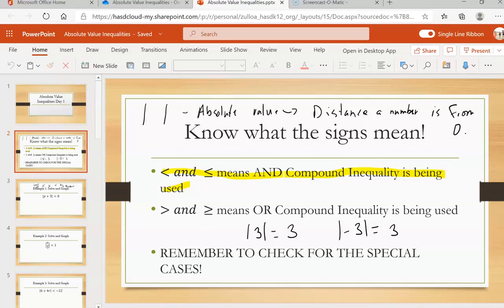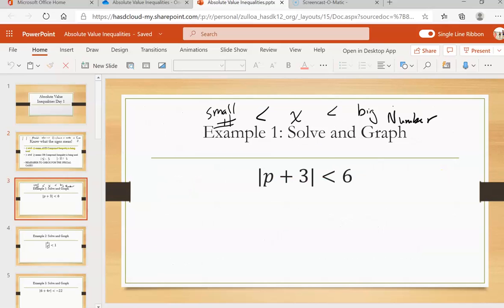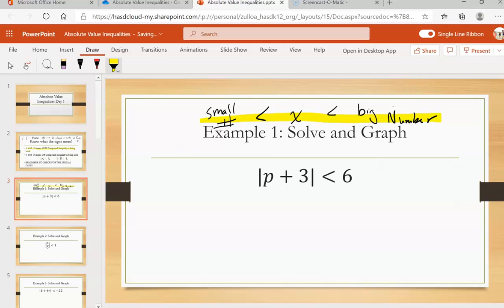This lesson will probably be in two parts just because I have a record limit of 15 minutes. Okay, so just as a reminder for "and" problems, your "and" problems look like, let me grab my drawing tool, this, okay, where there's a small number on the left, x in the middle, and a big number on the right. Your inequalities are either less than or equal to.